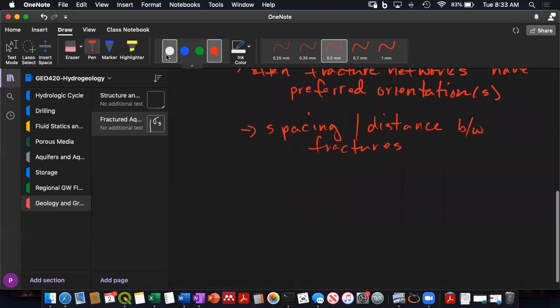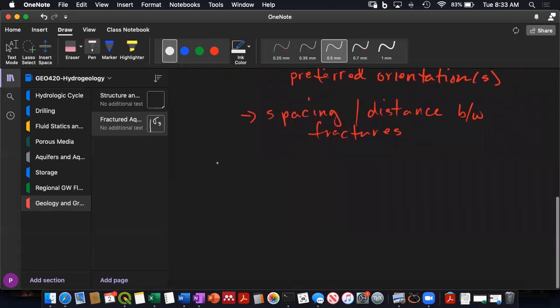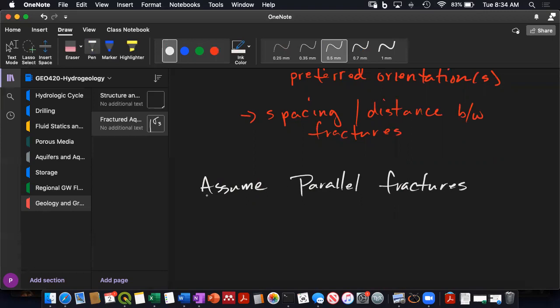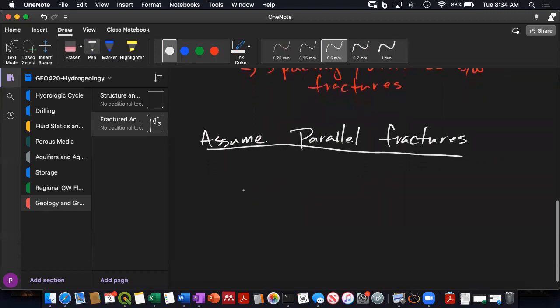So let's just zoom in on a fracture network. So if we assume parallel fractures, and I'm going to zoom in on a fracture network.